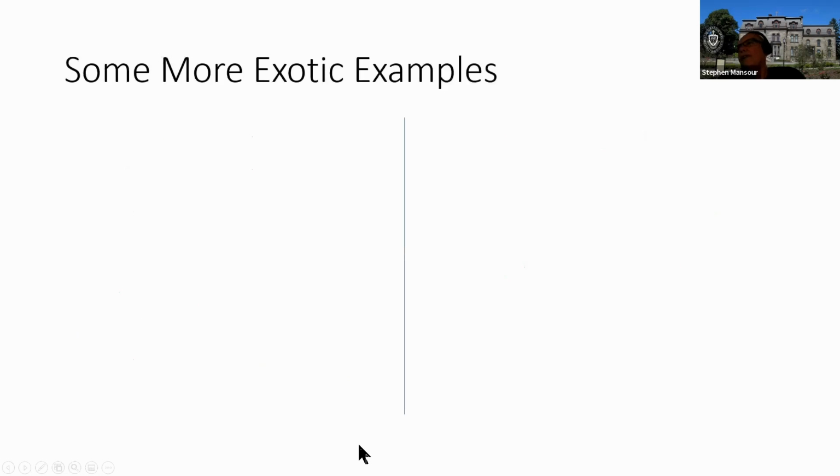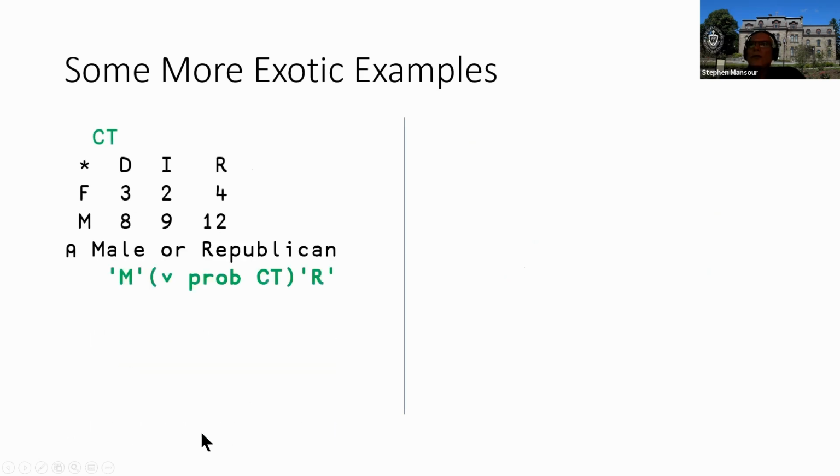Now we can do some exotic examples by using some of the rarely used functions in Dyalog APL. So here's our contingency table again. Supposing I ask, what's the probability that a student is male or Republican?